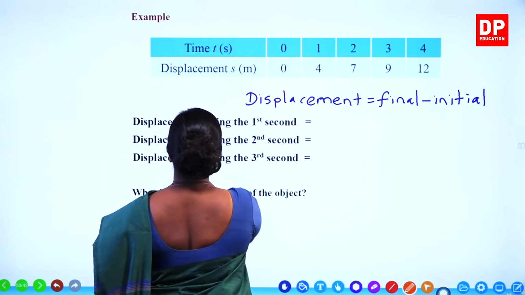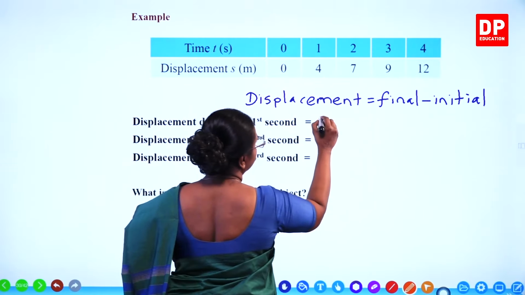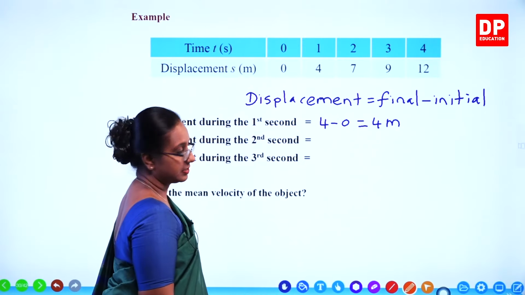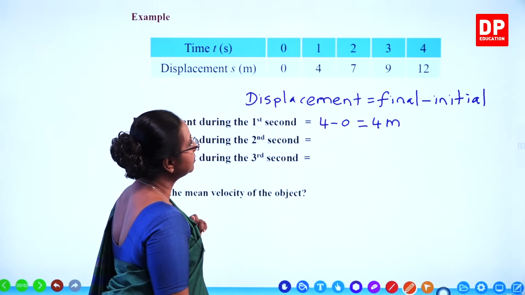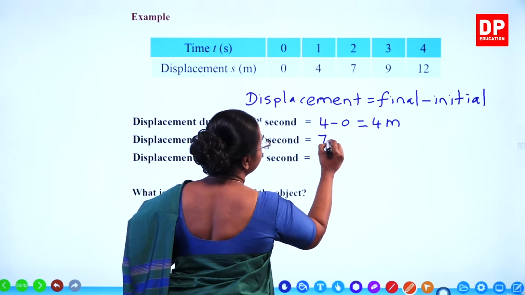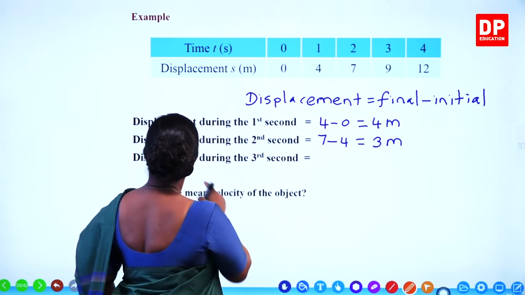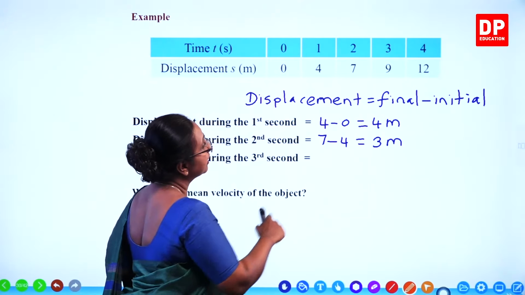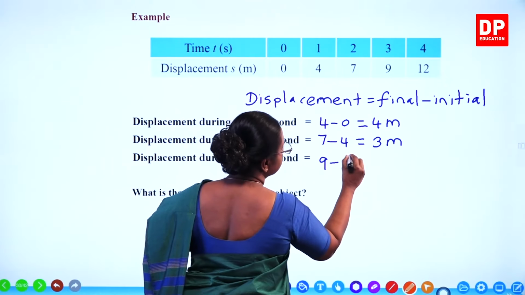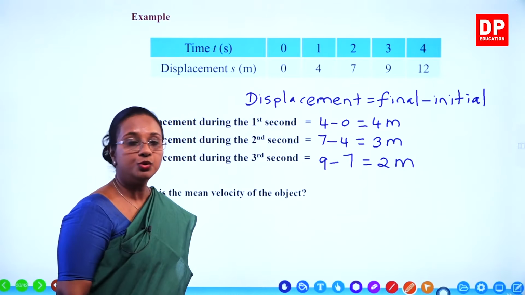So for the first second, displacement during the first second, final is 4, initial is 0. So 4 minus 0, that will be 4 meters. Then displacement during the second second, the final value is 7 and the initial value is 4. So this will be 3 meters. And displacement during the third second, you can see the final is 9 and the initial is 7. So here the displacement will be 2 meters.